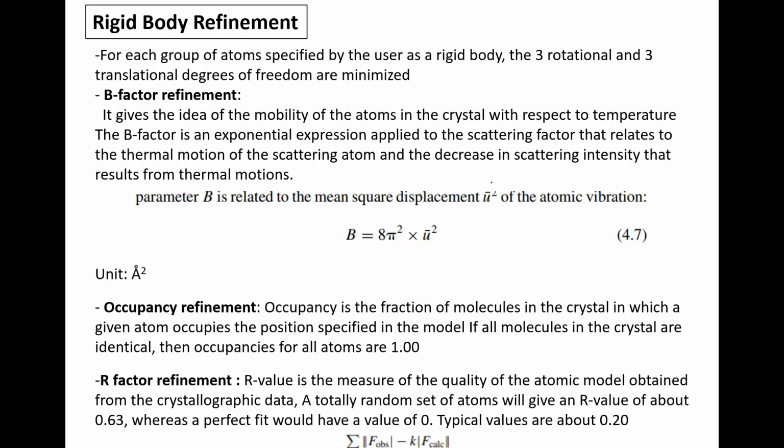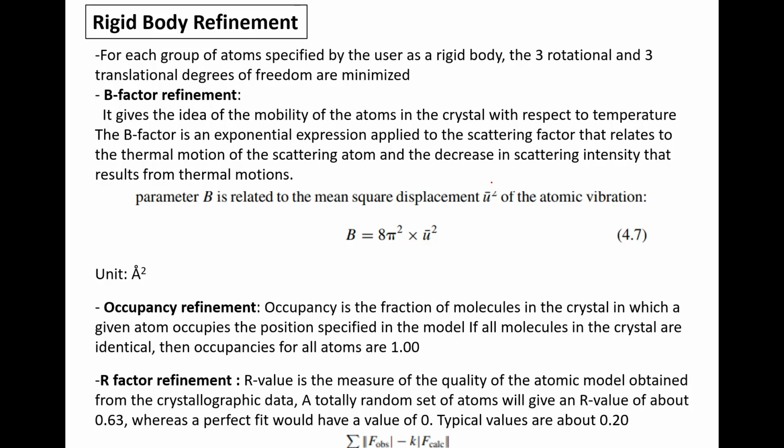Sometimes what happens is that when you are aligning your molecule with a molecule during the molecular replacement method, using the PDB and its phases, the two molecules are not properly aligned. So that is known as rigid body refinement.